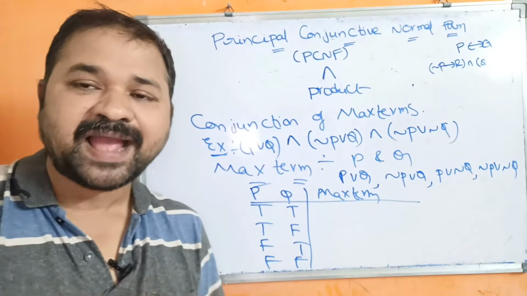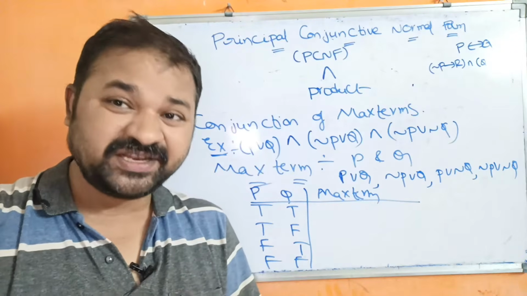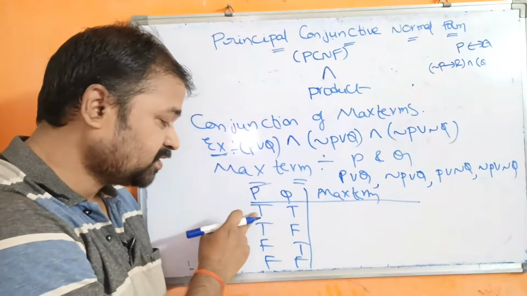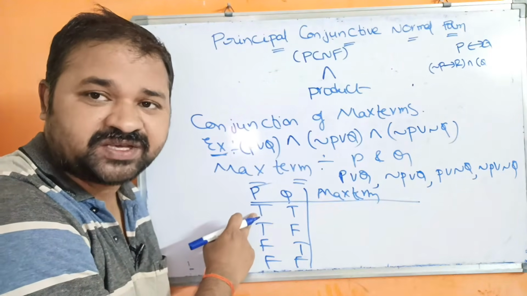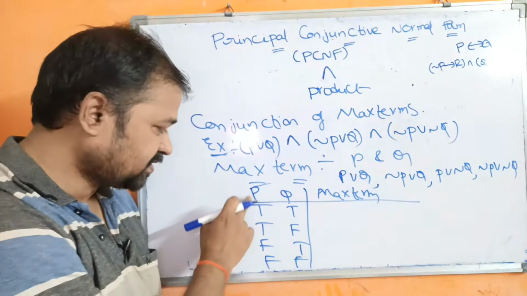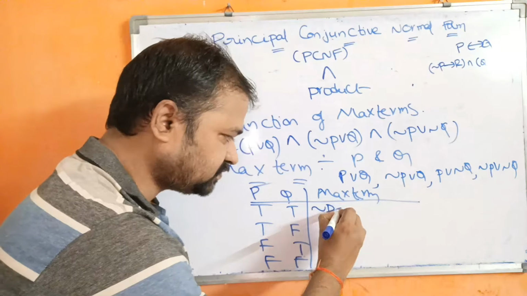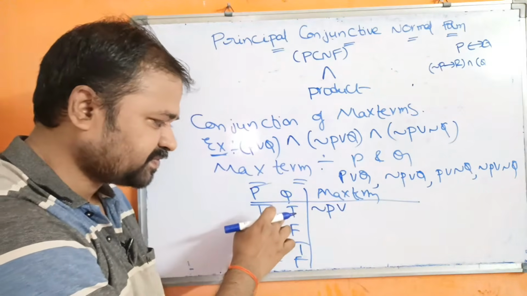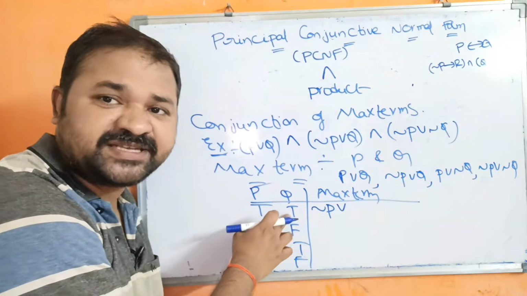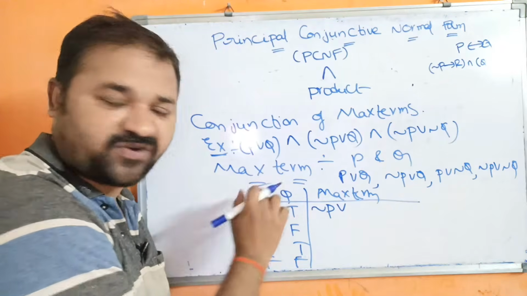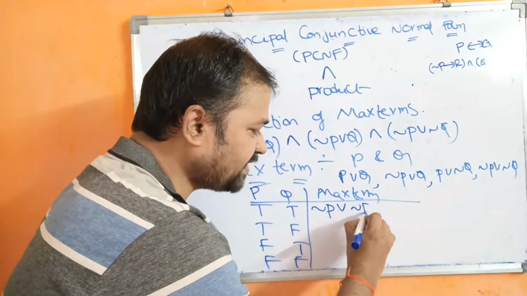Max term means here we need to take the negation of the combination. Here P is true, so we take the negation: negation of true means false. P is false, so that is represented by negation P, with the OR operation. Here Q is true, negation of true means false, so Q is false, represented by negation Q.